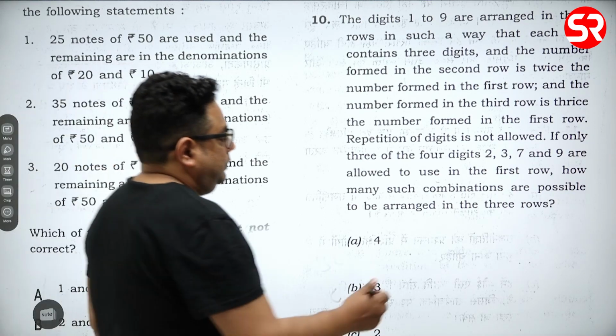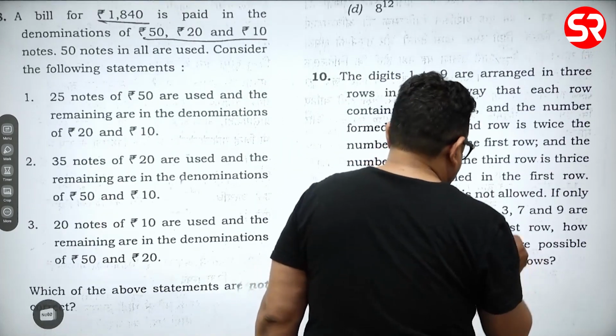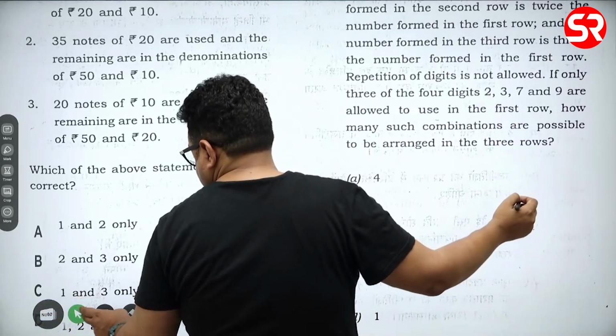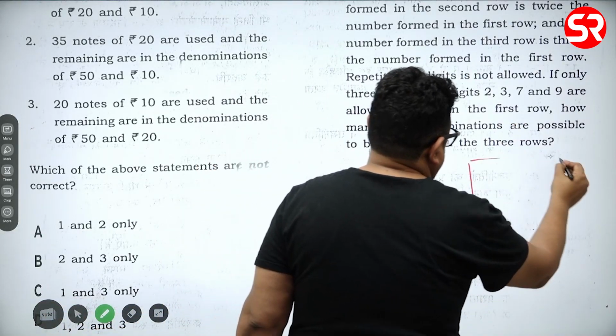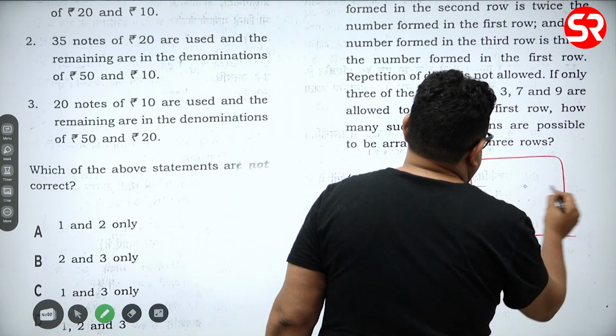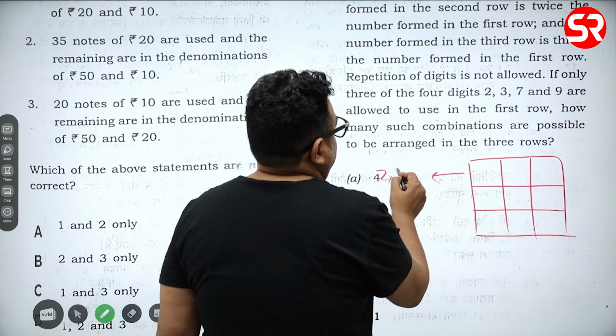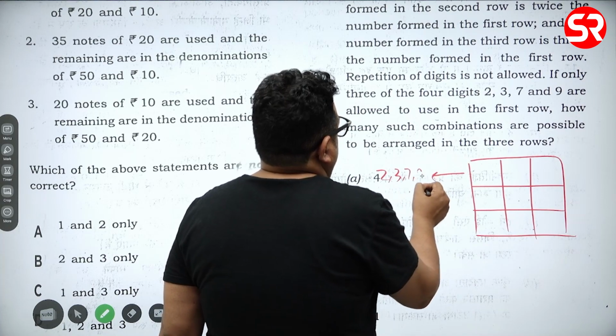So first row, so this is it. In this row, 2, 3, 7 and 9 are allowed.